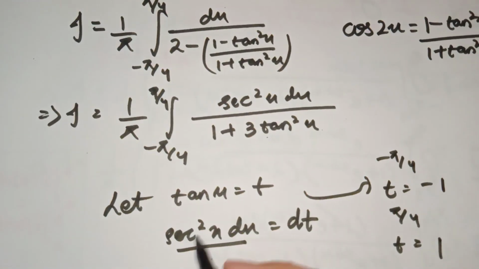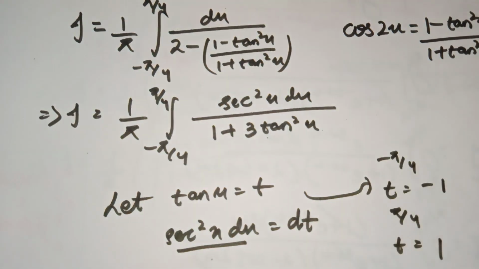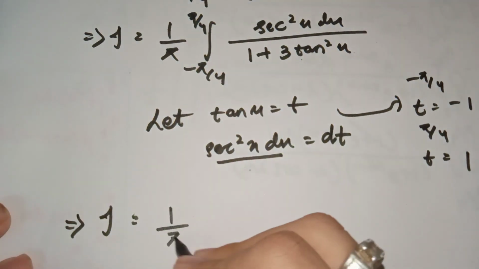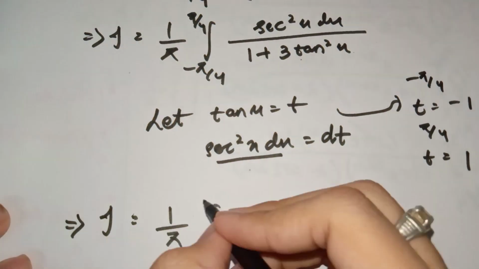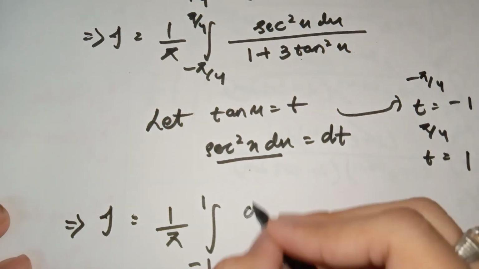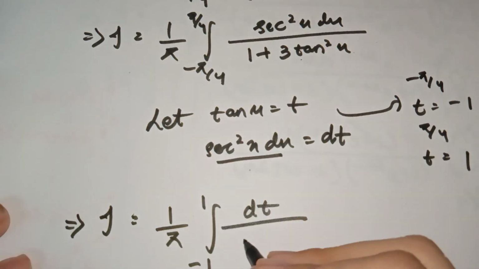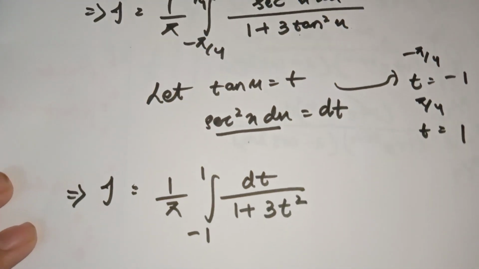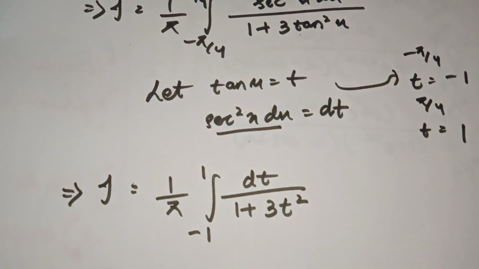Okay, now replacing these terms in our question, I is equal to 1 by pi, integral from minus 1 to 1 of dt by 1 plus 3 t square, right? Now having done this, we have seen the formula.